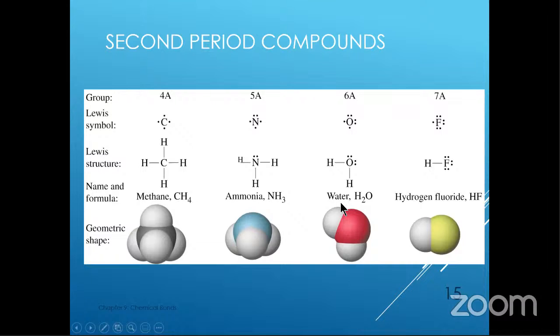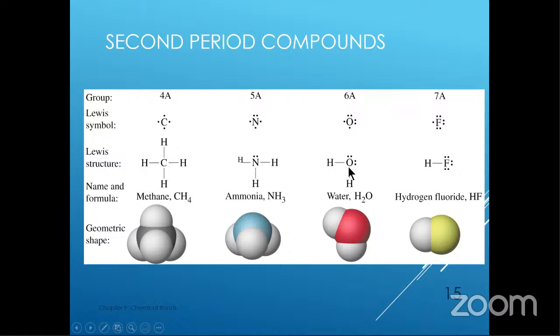Okay, so just to give you some examples of Lewis structures for molecules, we're looking here at the hydrogen compounds for the elements in period 2, starting from carbon. In the case of carbon, you'll notice that the carbon is bonded to 4 hydrogen atoms, so it has 4 bonding pairs around the central carbon atom. In the case of nitrogen, it is bonded to 3 hydrogen atoms, so it has 3 bonding pairs and 1 lone pair.